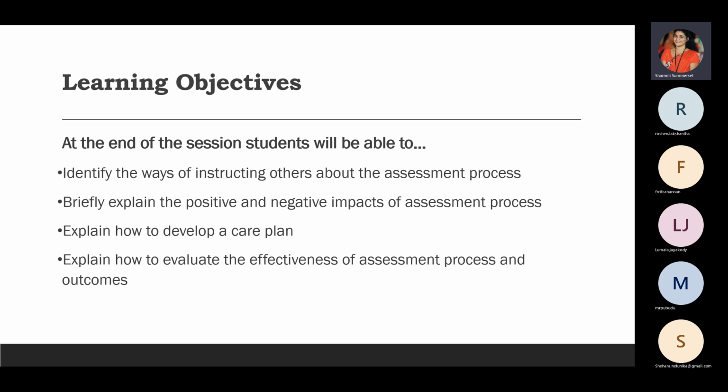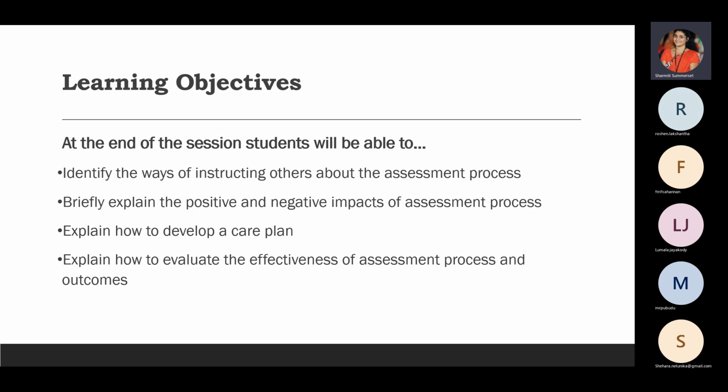Yes, we can't do anything without the assessment. Or if you think you can, the ultimate outcome will not be effective; what we need to get, we can't get. So for those people, you need to instruct, that means educate them, right?